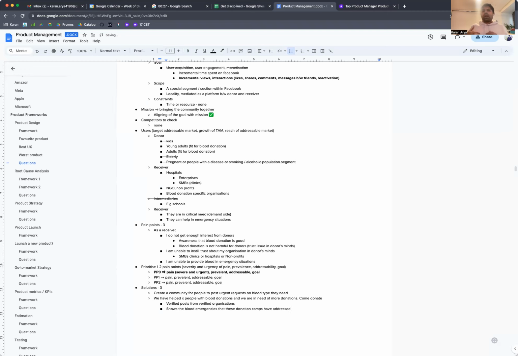So it creates a better emotion. It creates a better drive for the donors to actually donate blood, and it is not necessarily then treated as optional. It is not necessarily treated as optional from a donor's perspective.